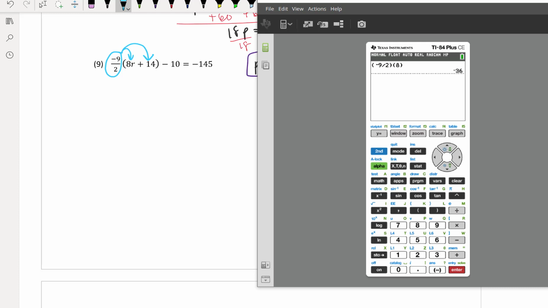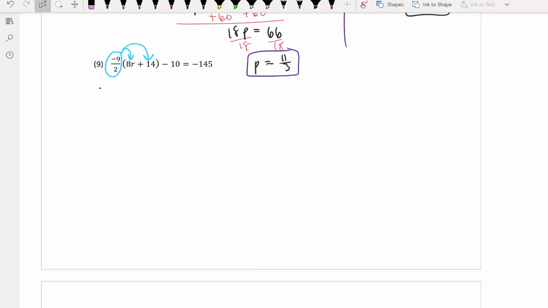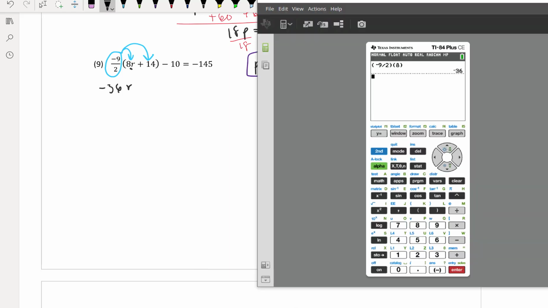That gives me a negative 36, and I have that r. Now my next computation, I'm going to take that negative 9 halves and multiply that now by 14. So I'm going to get a negative 63.